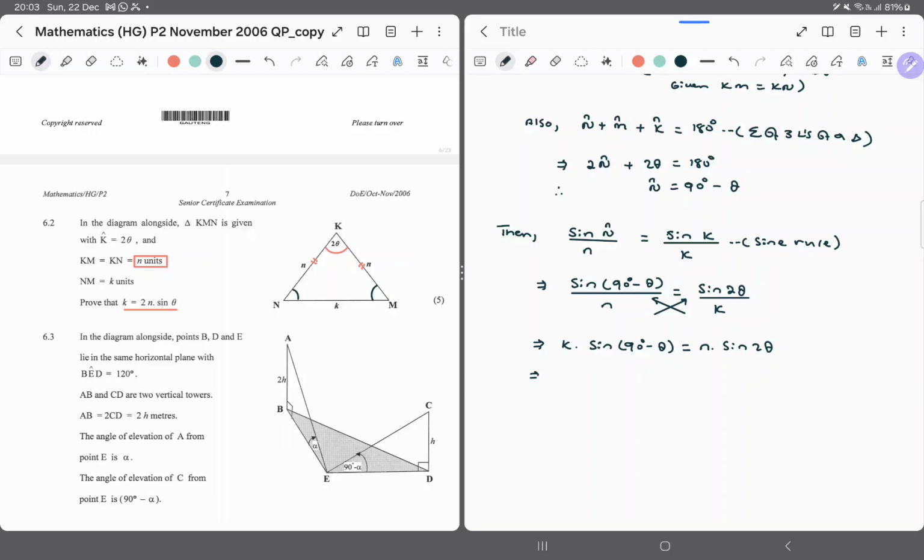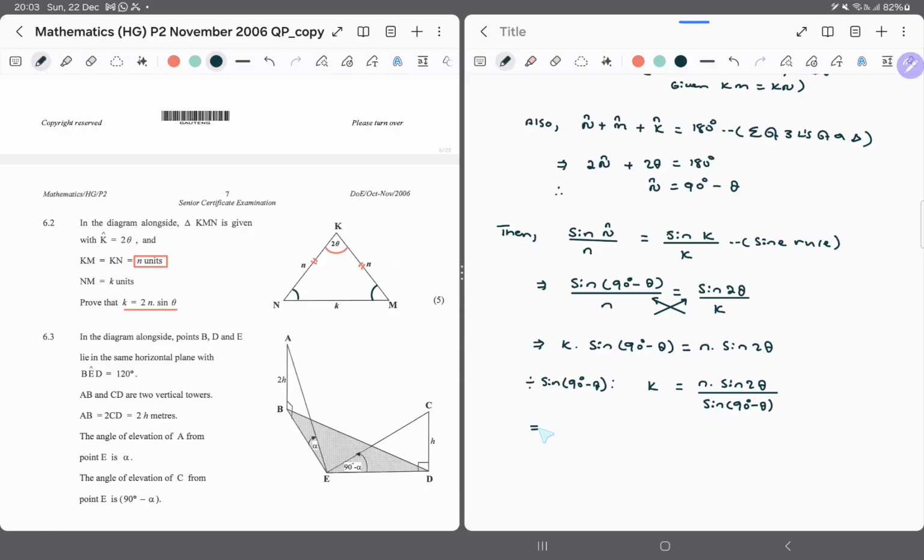Now what are we going to do, guys? We shall divide. We want to isolate k, so we divide by sine 90 degrees minus theta. So what we end up with is k is equal to n sine 2 theta divided by sine 90 degrees minus theta.